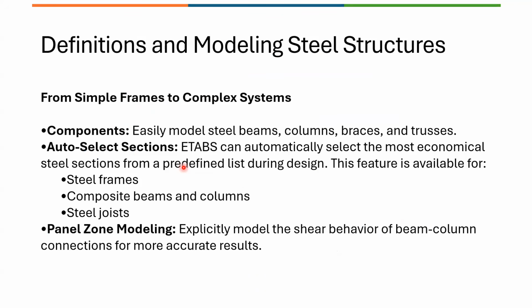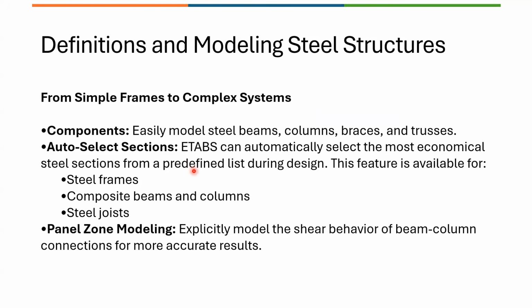For the definitions and modeling of steel structures, we have ready components like beams, columns, braces, and truss elements from a standard library, from various regions of the world and country-based. Section properties are available for you to easily import and use in your model.